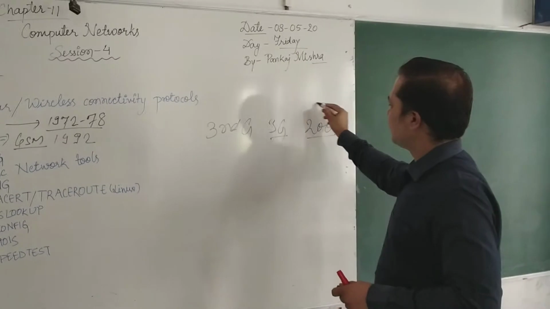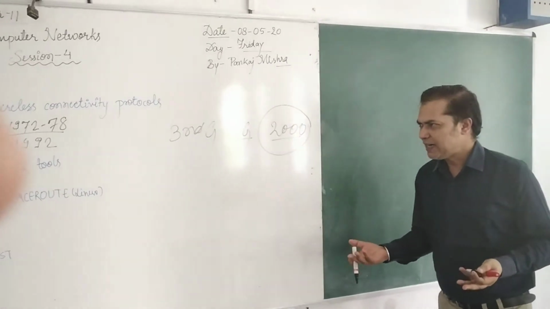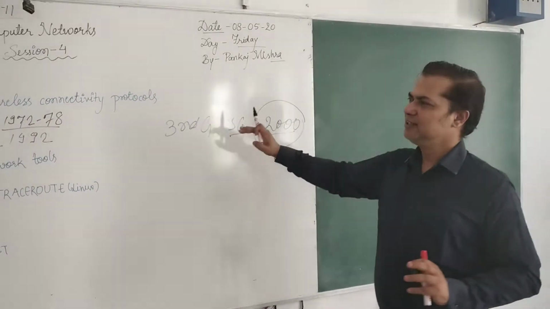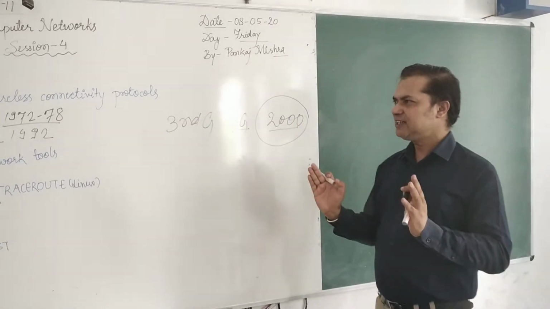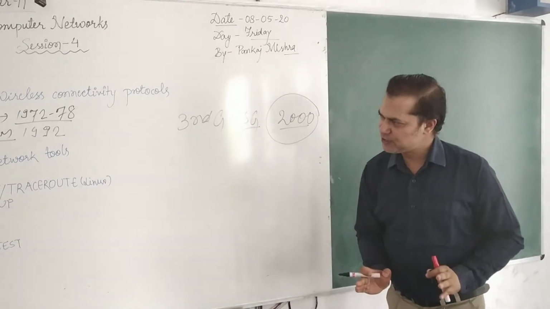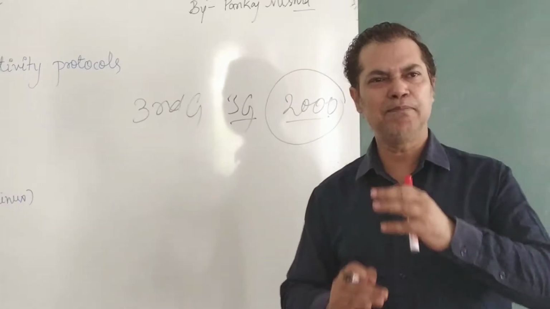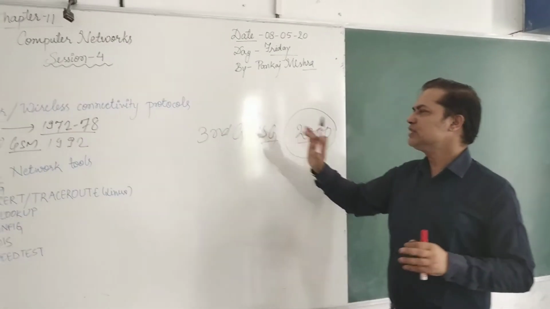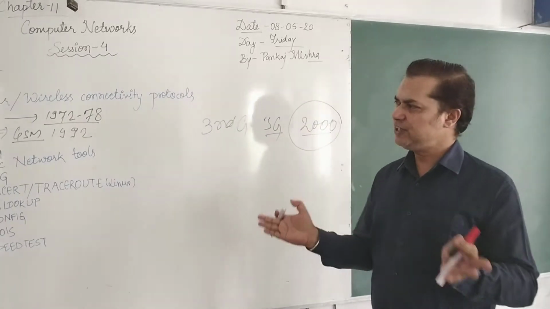In the third generation, our mobile was capable enough to send much more data than the second generation. Second, it was also capable of sending multimedia messages, meaning audio video messages, and third, it was able to communicate. That's why the name 3G, third generation, is given.